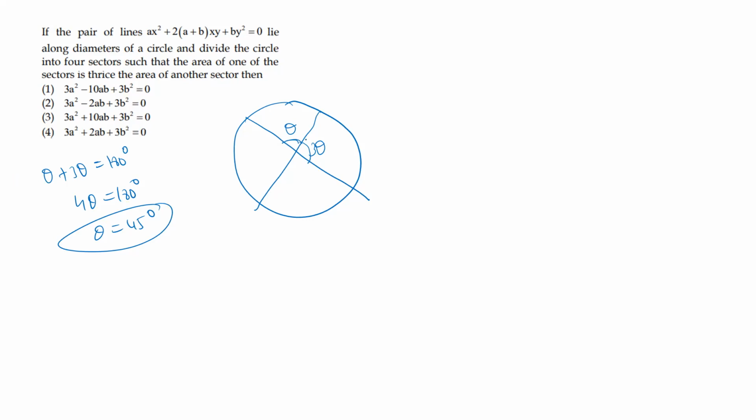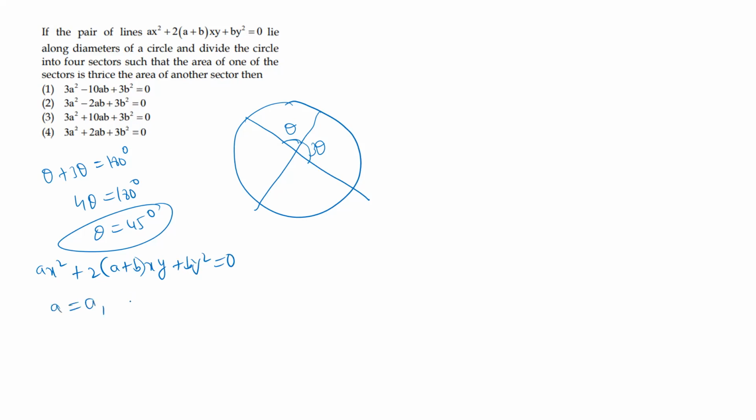Now for this pair of straight lines, the angle between the pair of straight lines we got is 45 degrees. Now this is ax square plus 2 into (a plus b) xy plus by square is equal to 0. This is like ax square plus 2hxy plus by square equal to 0.